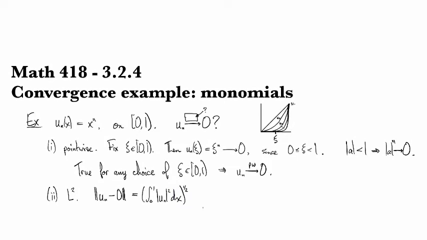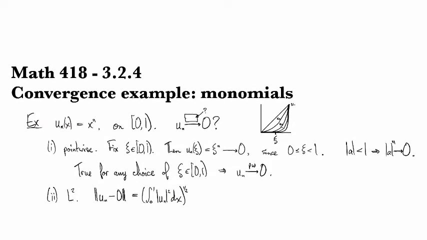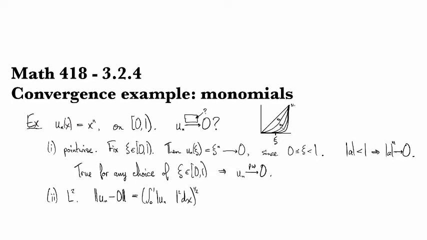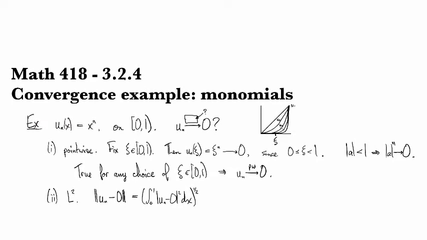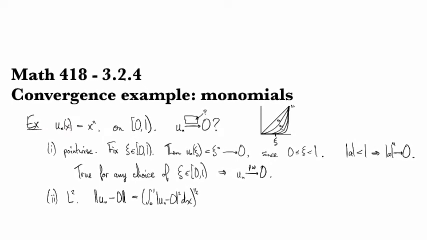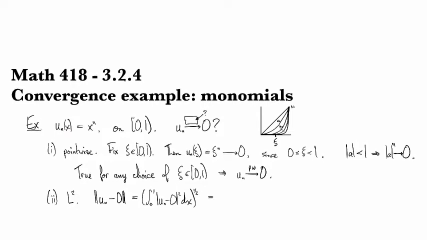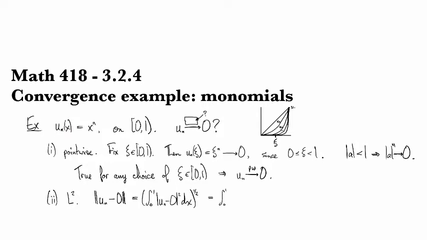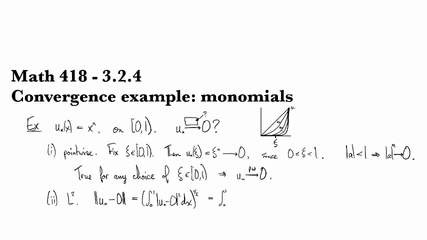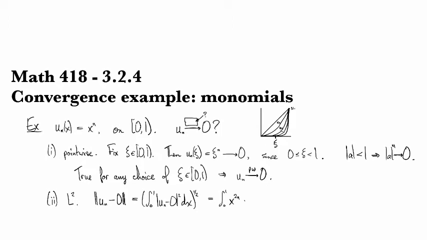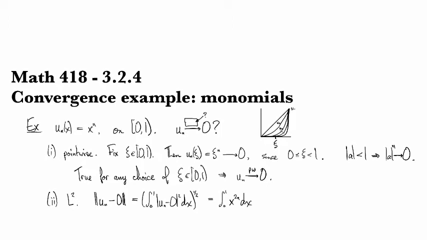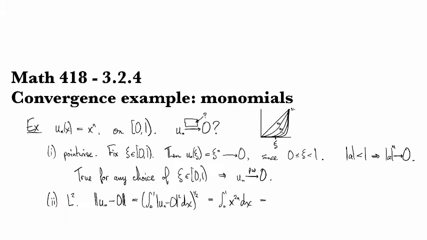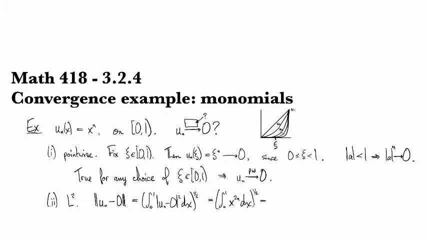Maybe just to emphasize that we're looking at the convergence to 0 here, let me show that that's the same right there. So for our particular function, we're integrating from 0 to 1, x to the 2n dx, which we can do explicitly. And then we take the square root.